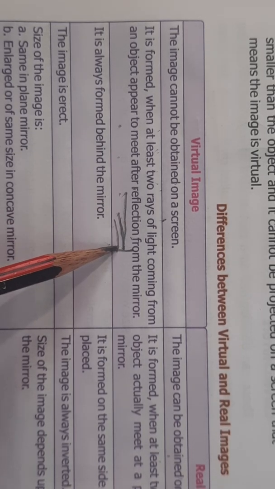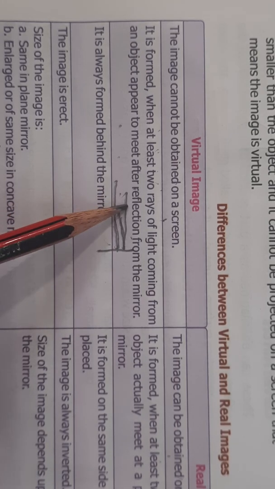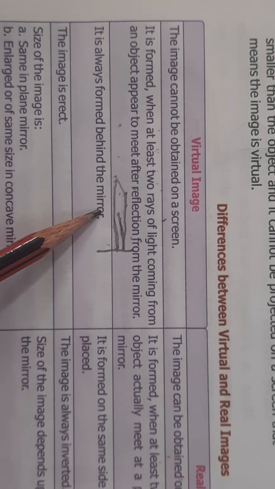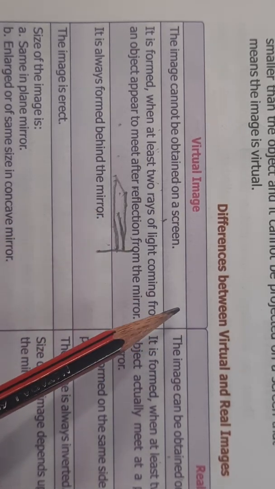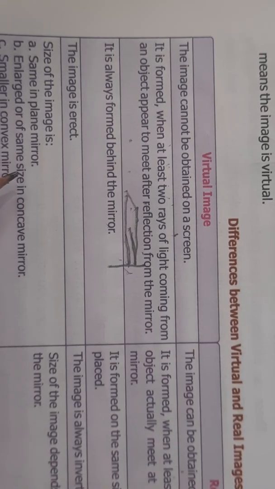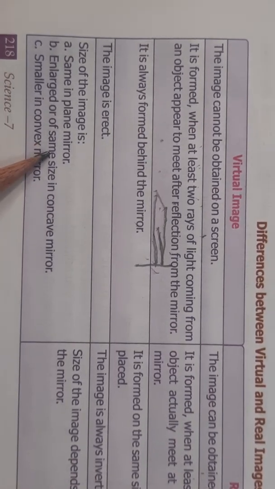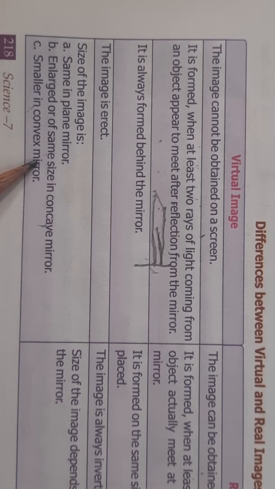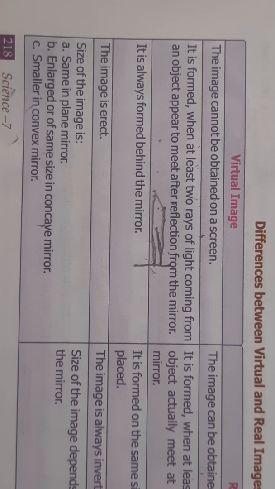So from here it reflected, and after some time it will come and meet at one point. It is always formed behind the mirror. The image is erect and the size of the image is the same in a plane mirror. In a concave mirror it can be enlarged or of the same size, and in a convex mirror it will be smaller.